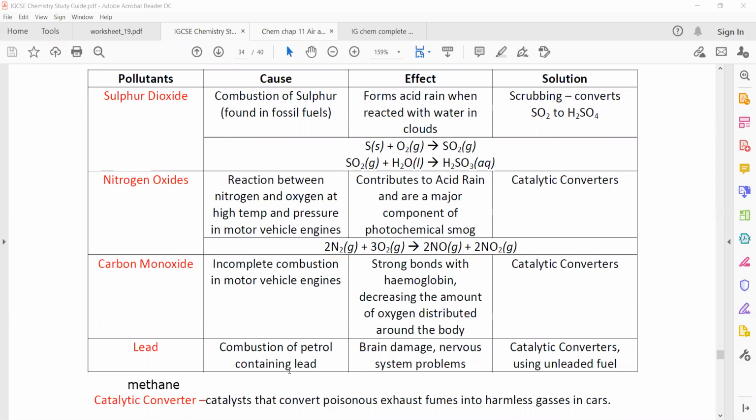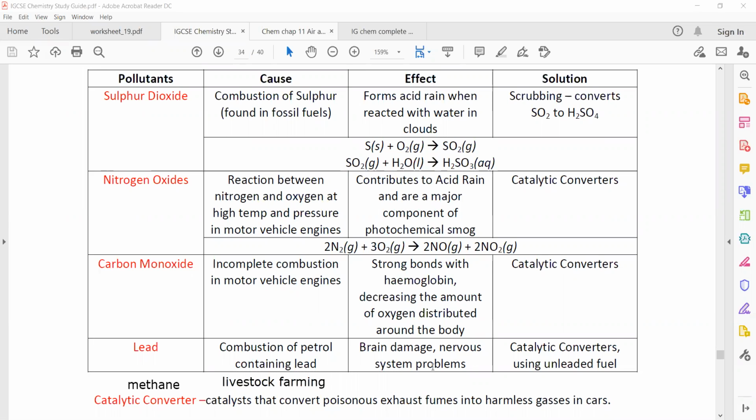These are some sources of the methane. Livestock farming, rice agriculture, landfills.